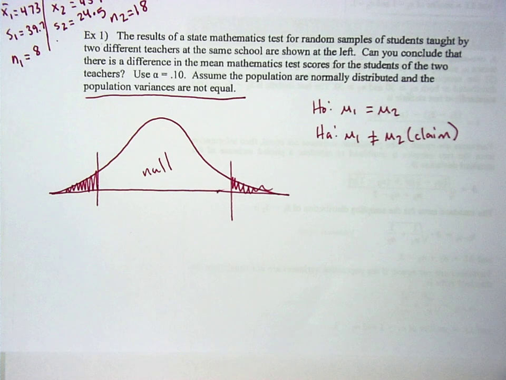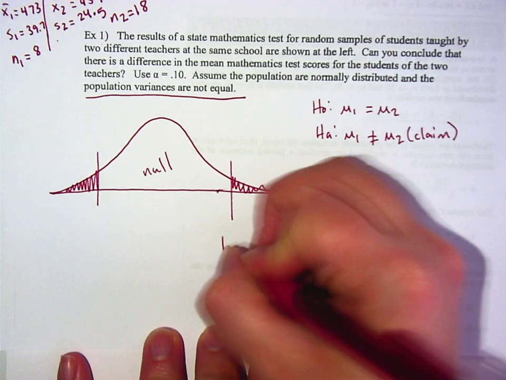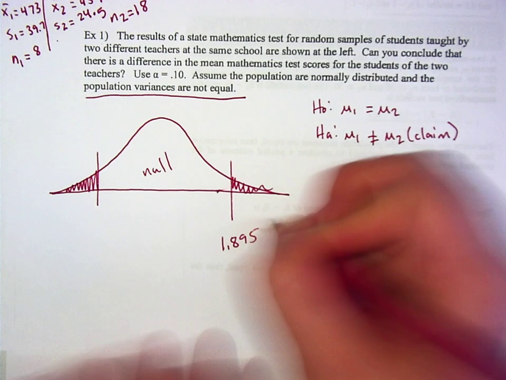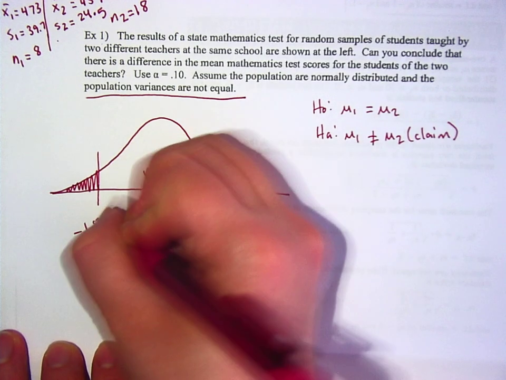And are you at 7 on the left? Yes. Okay, so you go to 7 on the left, and then you go under the two-tail part. Do you see how it says 10% under two tails? If you go down there, you get 1.895. Okay, so that's positive 1.895 over here and negative 1.895 over here.